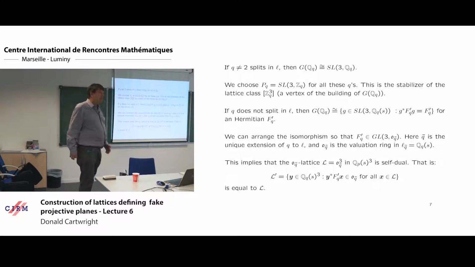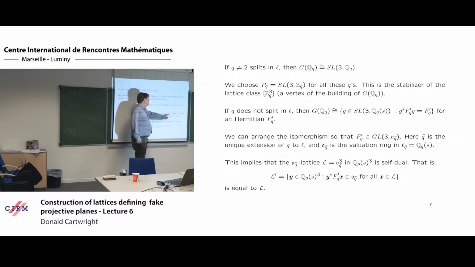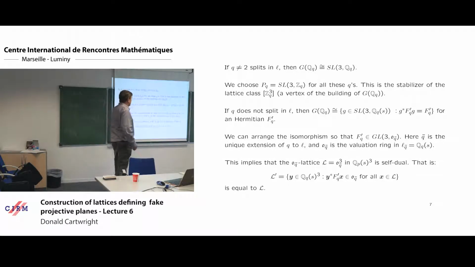That's at the end of my second talk, which I didn't get up to, sorry. But anyway, you can arrange it so that this F_Q prime has entries, and an inverse has entries, in the valuation ring. Q corresponds to a valuation on the rationals.